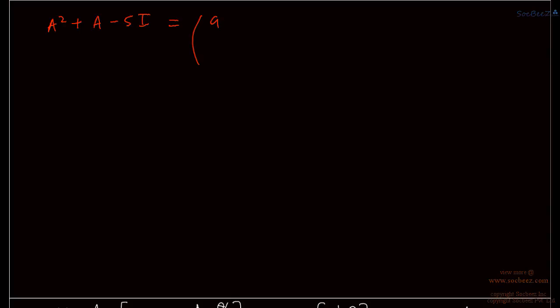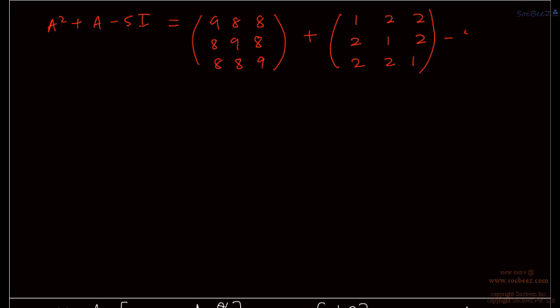So A² now is [9 8 8; 8 9 8; 8 8 9], plus A, which is [1 2 2; 2 1 2; 2 2 1], minus 5 times the identity matrix [1 0 0; 0 1 0; 0 0 1]. Right. Now this is nothing but 9 + 1 − 5, that is 5, right?